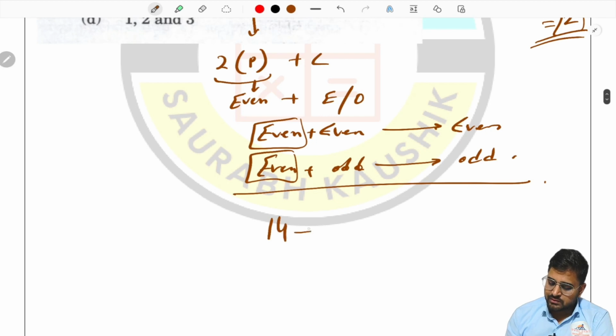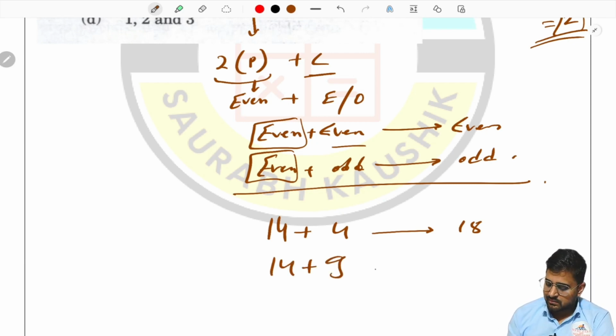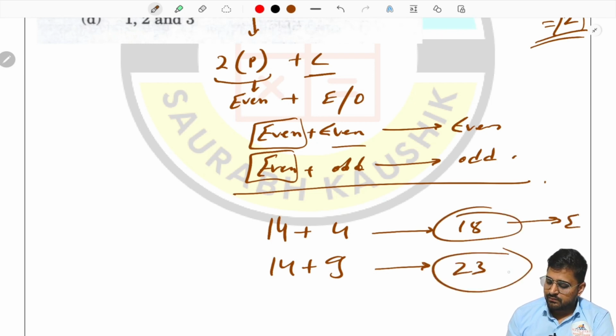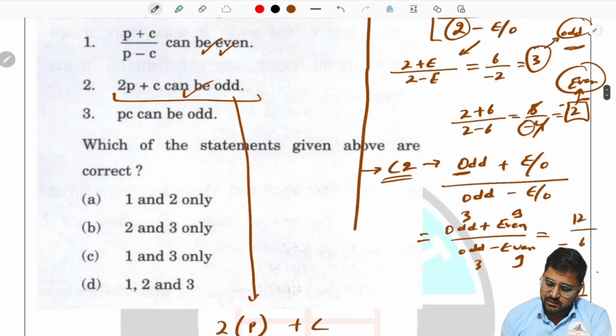Now the situation is it is 14. Now take any composite number, let us take the first even one, 4, it gives you 18. And odd, what is odd? 9, 23. This is even, this is your odd. So this situation is also correct.